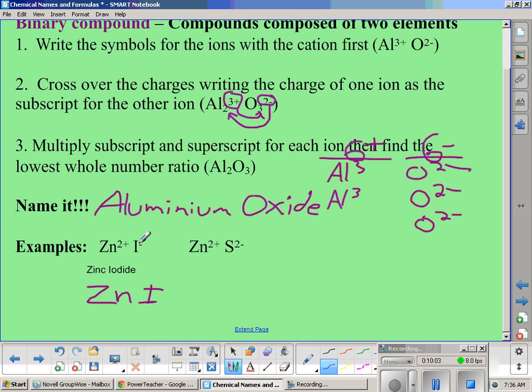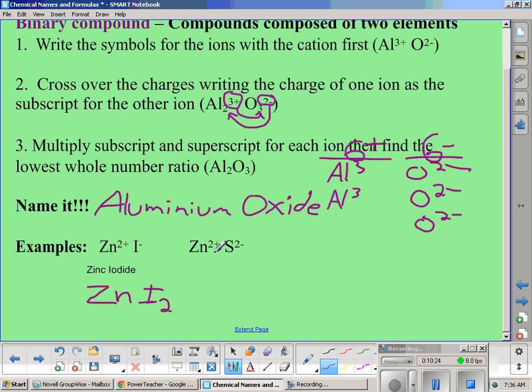Usually, if they just put a minus or a plus, it means it's just one. So I'm going to need 2 of these iodides to balance out 1 zinc, because 1 zinc has a charge of 2 all by itself, and it takes 2 iodides to balance that with 2 negatives. So zinc iodide.